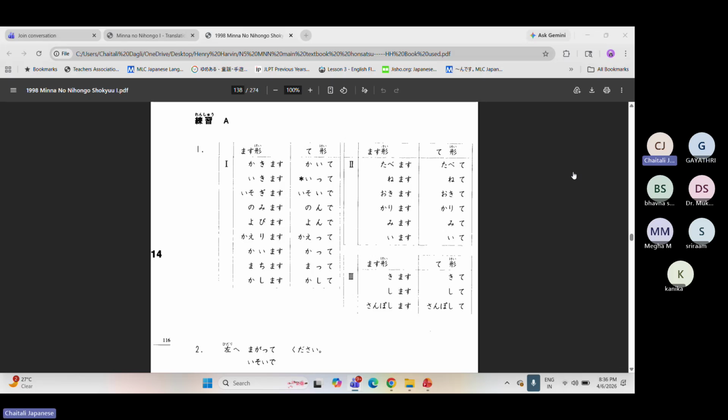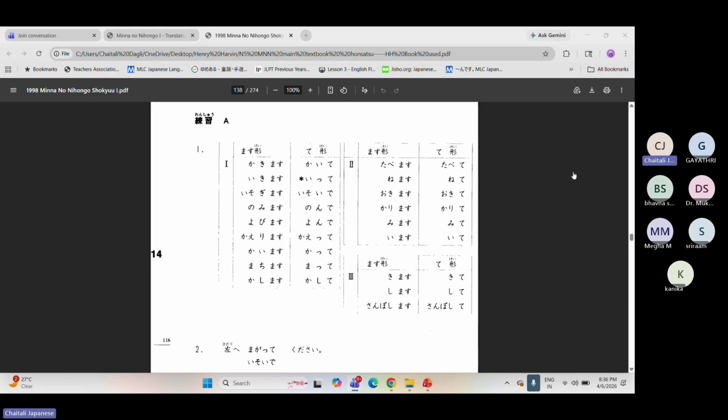Sensei, I have one confusion. In group 2, it has kurimasu, right? Yes. So we remove the masu and put te. Correct. But the same ri sound is in group 1, we can see kaerimasu. So same ri sound, right? Why in group 1? No. For group 2, you are not looking at the ri sound. You are looking at the e or i sound.